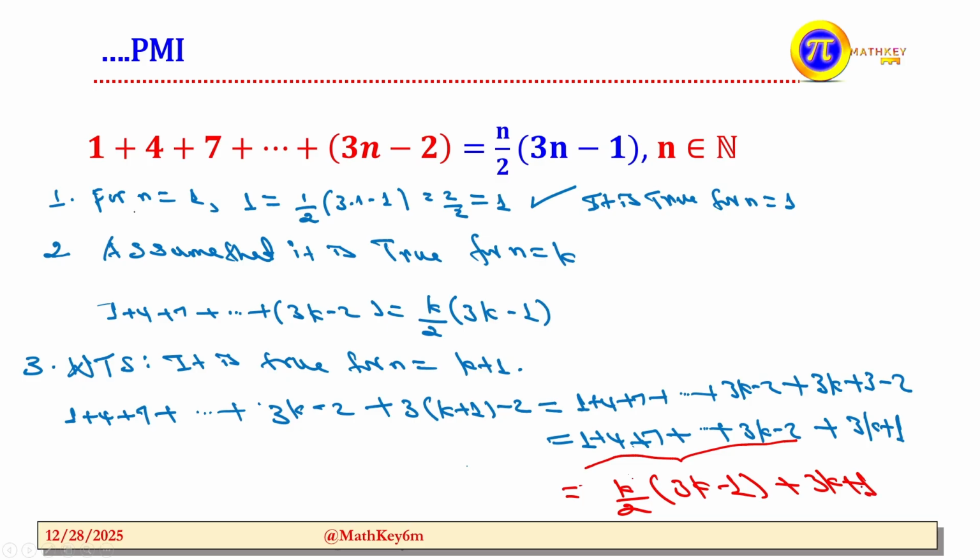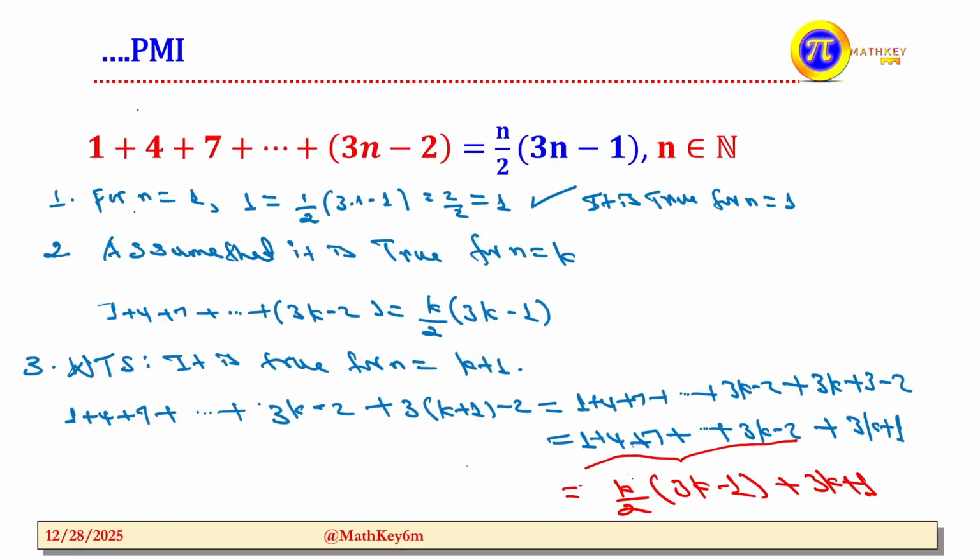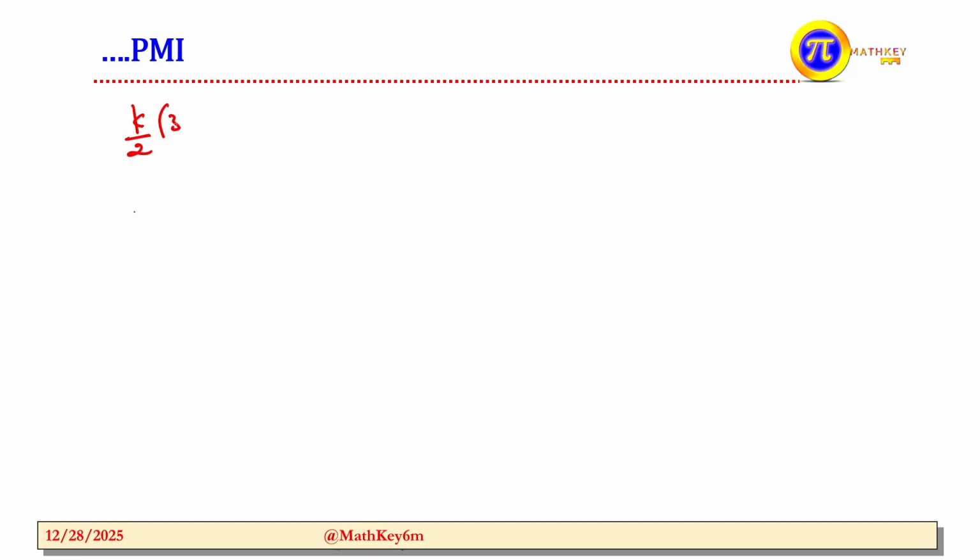Let's try to simplify this. We have k over 2 times 3k minus 1 plus 3k plus 1. Distribute k over 3k minus 1, which gives 3k square minus k.